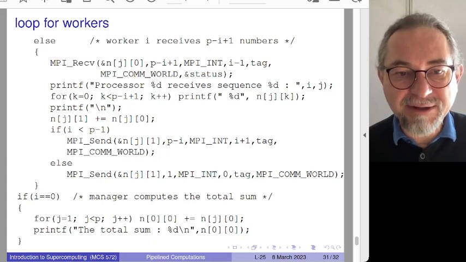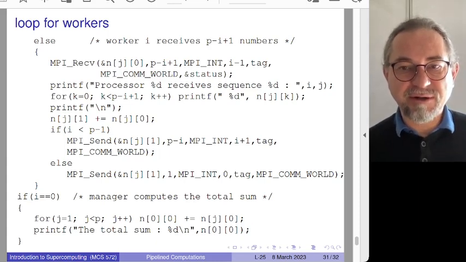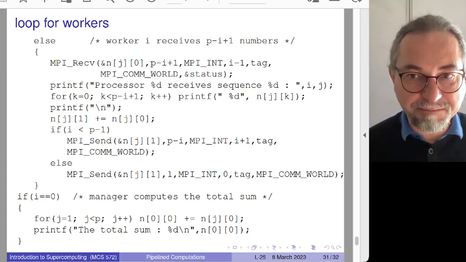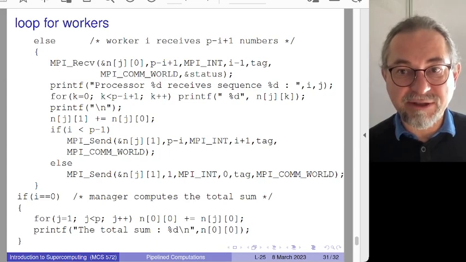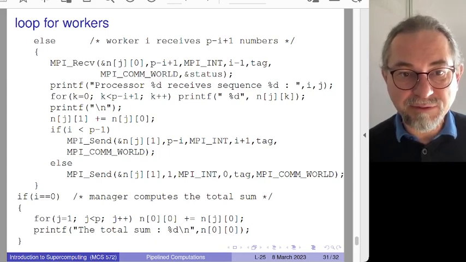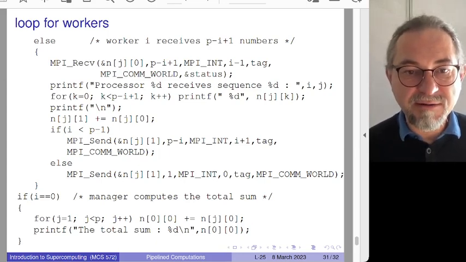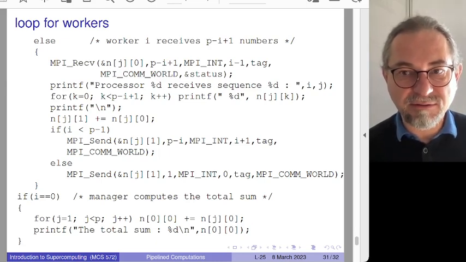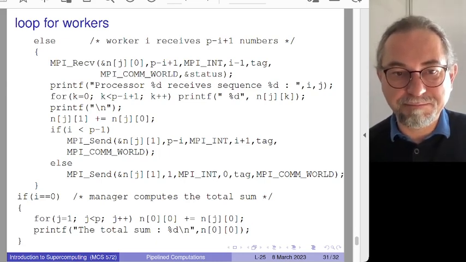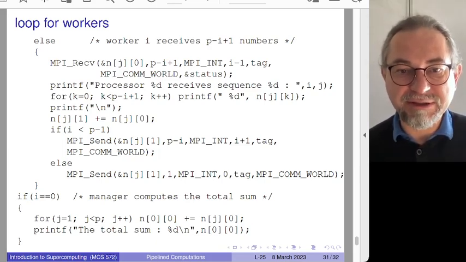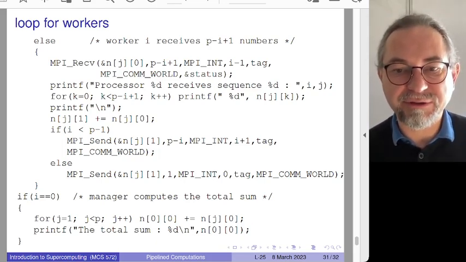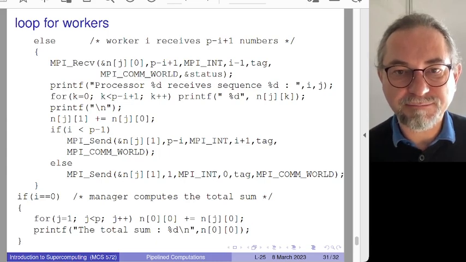Then the manager has these stages, so still the pipeline latency, so it's now at the end. So you can see here that there is still parallelism. It looks as if the manager is still doing p-1 extra steps, but during these steps the other processors are still working.